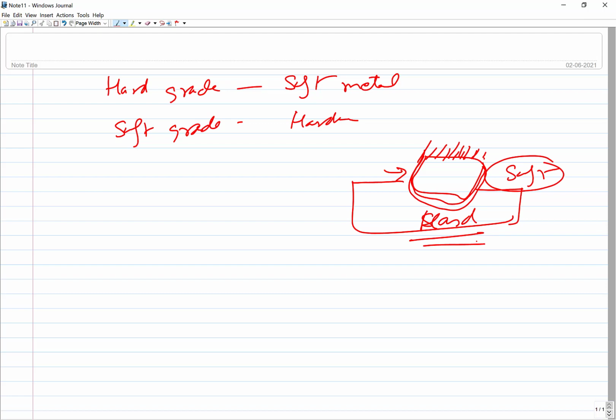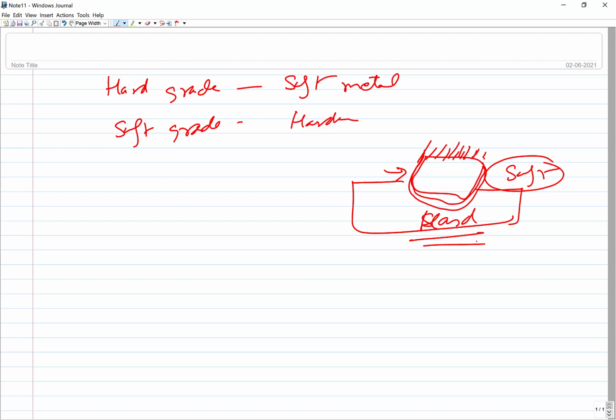Hard workpiece material will be damaging the abrasives rapidly, increasing the stress level, which will be causing the rapid dislodgement of the abrasives from the wheel. So the fresh abrasives will get exposed for performing the cutting.